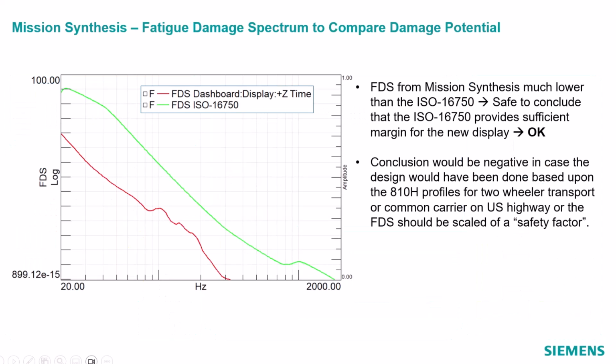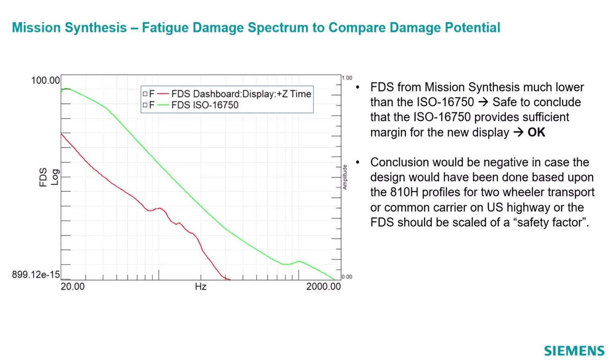Got one more slide here before we jump into a demo, but just to expound a little bit more on the fatigue damage spectrum. Here I'm showing the fatigue damage spectrum from two different tests. One is a real test, so some accelerometer data taken on the dashboard of a vehicle, and the other is a fatigue damage spectrum derived from an ISO vibration profile.